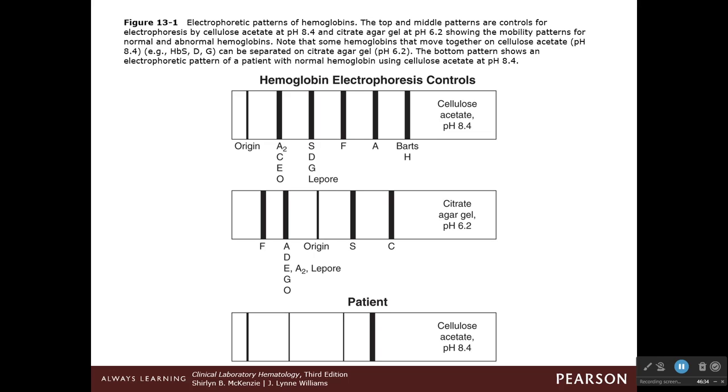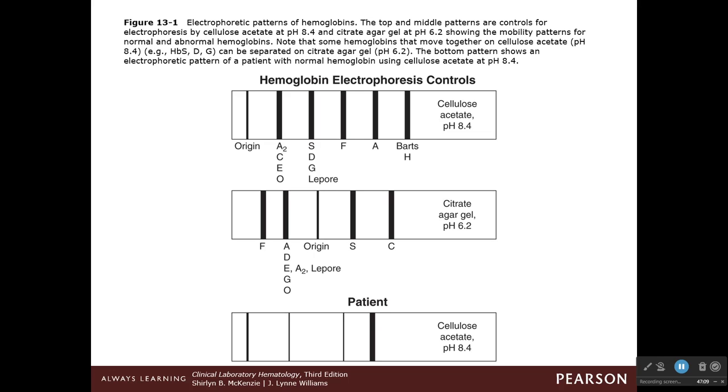They're abnormal because they should definitely have a huge band of A1, because we know, because we're smart, A1, F, and A2 make up an adult hemoglobin variation, with the majority of it being A1. So if I don't have any A1, I know I have a problem already. My patient definitely has a hemoglobinopathy. Now I have to figure out which one it is.